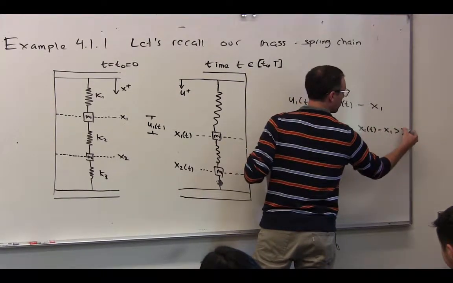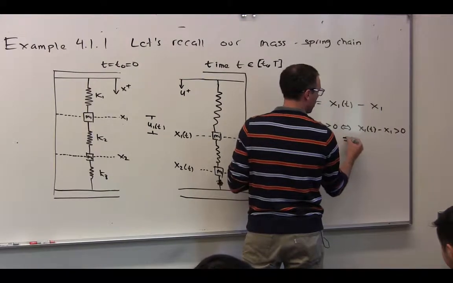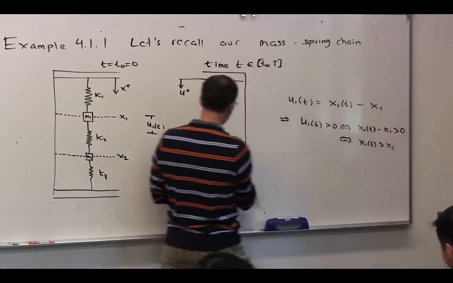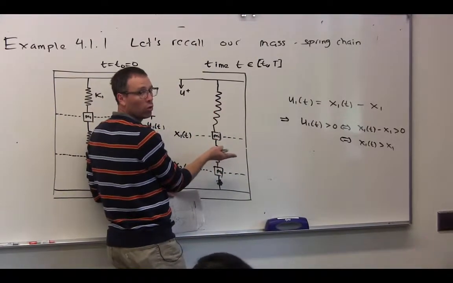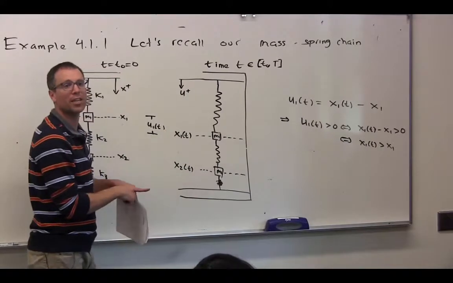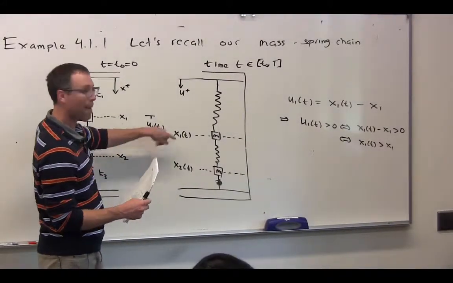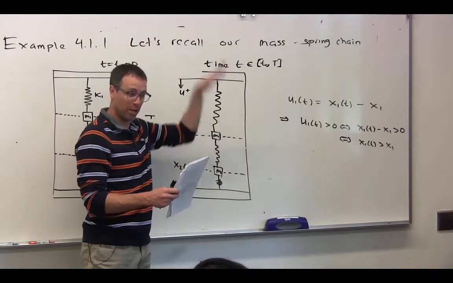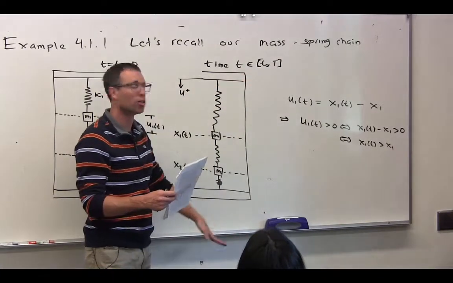Well, that would mean x1 of t minus x1 is greater than 0, which would mean that the position of the mass is farther along the ruler. What does that mean in terms of the orientation of my apparatus? That mass would actually be below its starting point. It would be closer to earth ground, right? Farther away from ruler ground, but closer to earth ground.